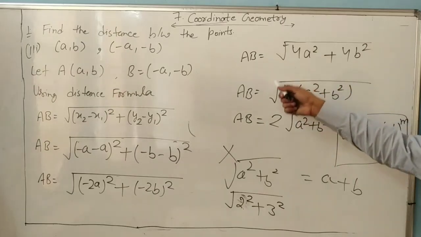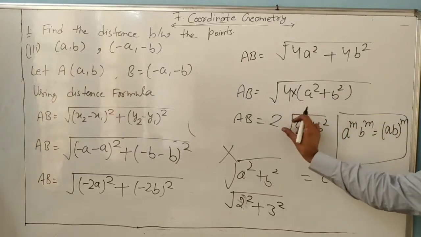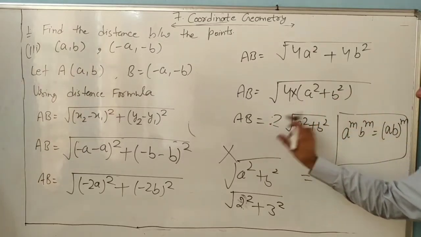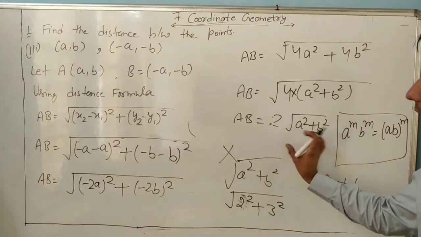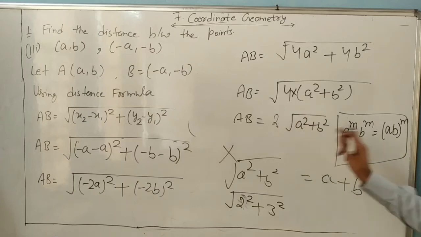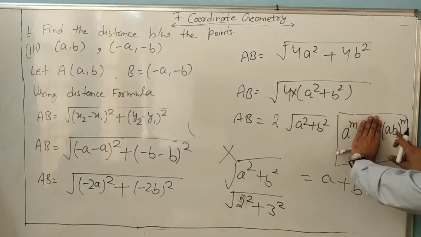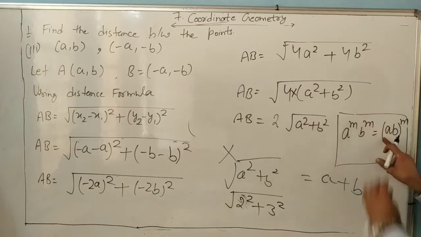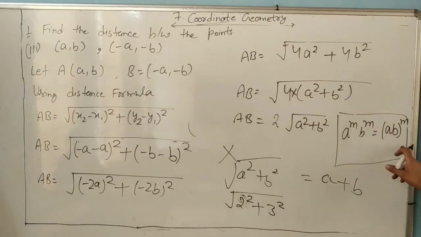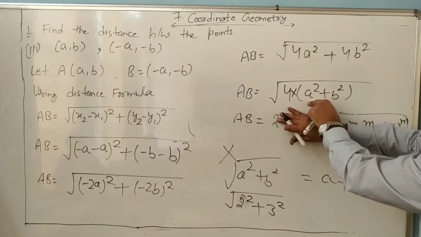Under the root, 1 by 2 power, and it is also 1 by 2. So 4 under the root into this number, and square root of 4 is 2, into 2, same as it is. (a into b) to the power m means a to the power m, b to the power also m, same as it is. It is a, it is b.